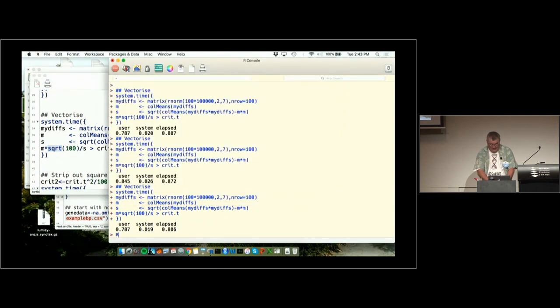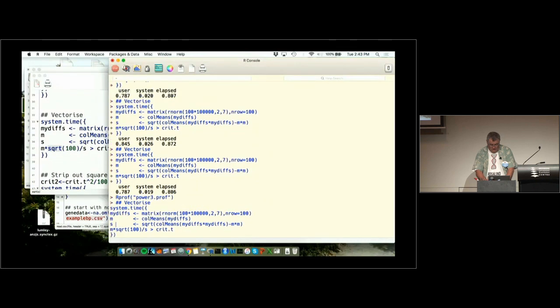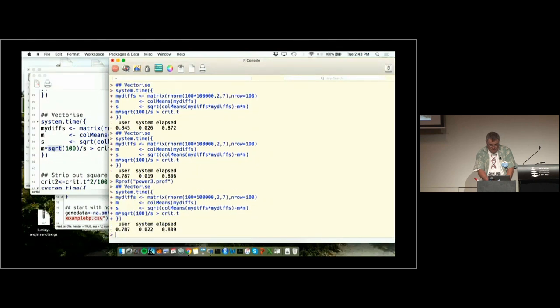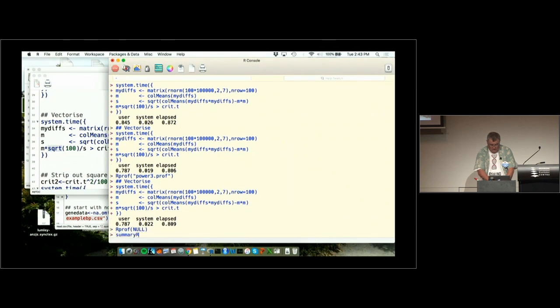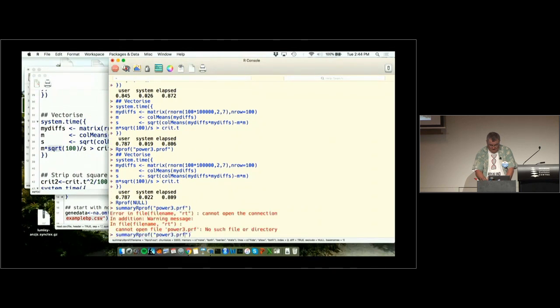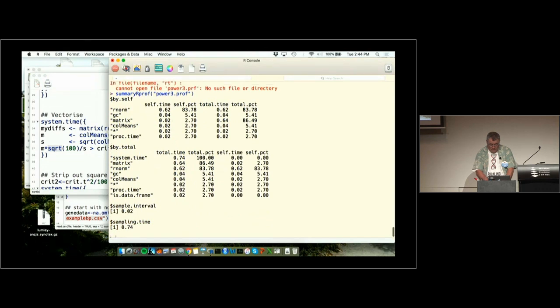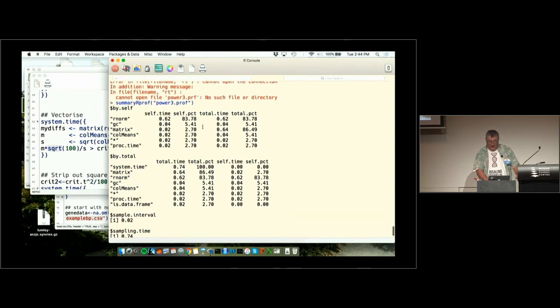Let's profile it. And actually, the square root doesn't even appear in the profiling output.